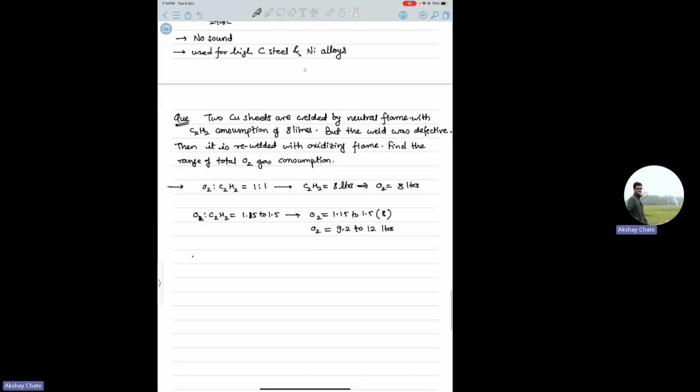Okay, so therefore total oxygen consumption can be 8 plus 9.2 to 12. So basically you'll have 17.2 to 20 liters. Okay, so they won't ask you for a single number because it's a range here, but they will give you some options, like one option could be 15 liters, one option could be 18, one could be 22.